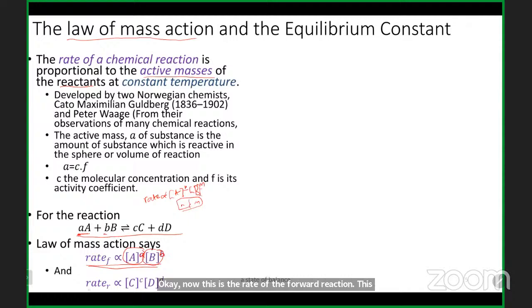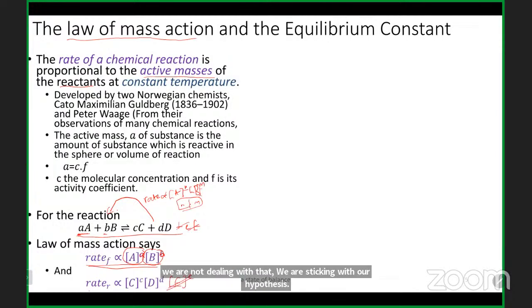The rate of the reverse reaction is also, this is the reverse reaction, C and D going back to A and B. So you have C raised to power c, concentration, times the concentration of D raised to power d. If we add other species in the system, like for example plus E, this will continue to be E raised to power e. But since we're not dealing with that, we're sticking with our hypothetical situation.